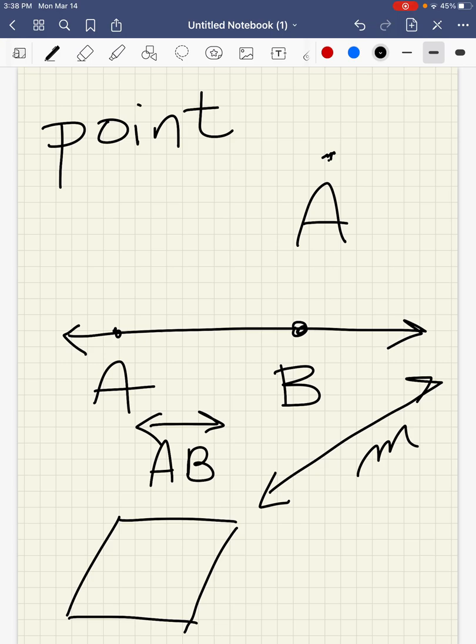It doesn't have any thickness, though. So even though we let the piece of paper represent a plane, technically it doesn't have even the thickness of a sheet of paper. And we usually will give a plane just a single letter. So that would be plane C.